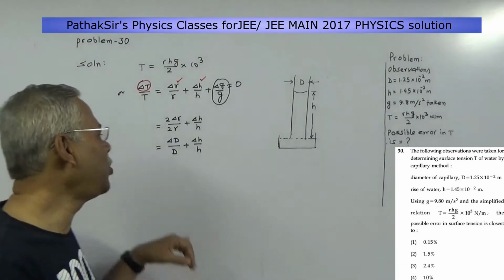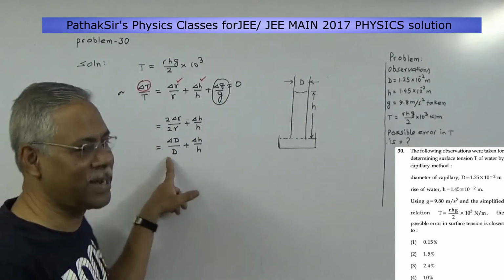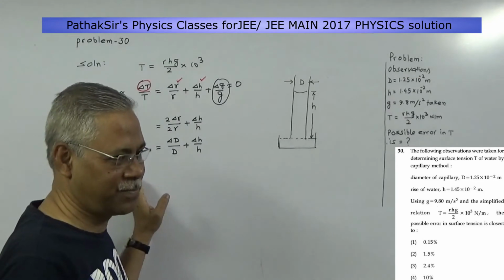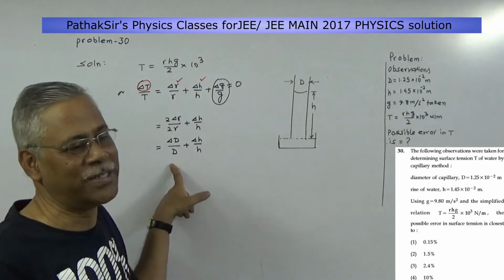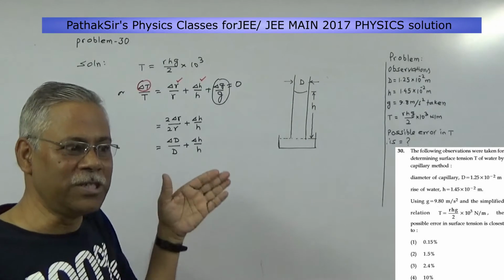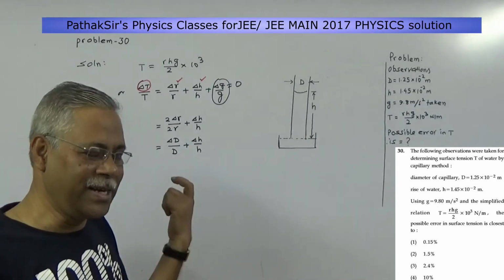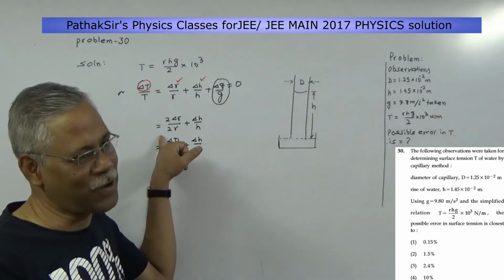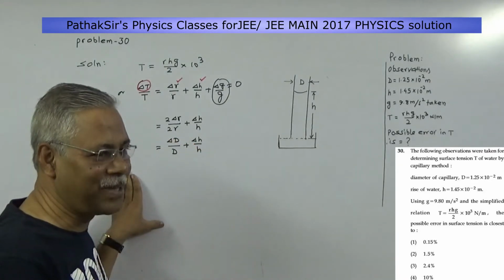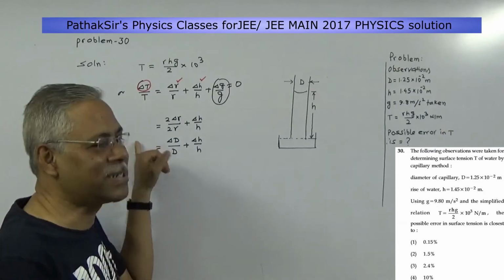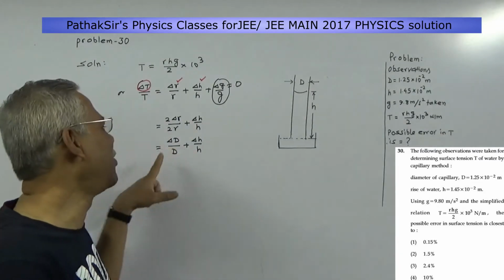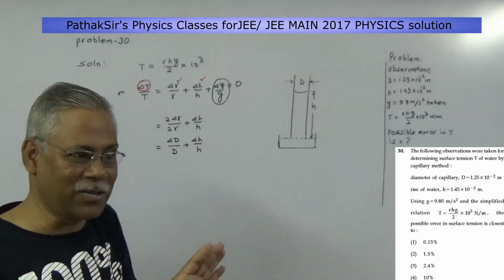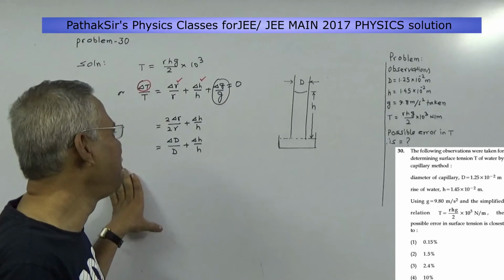Now in order to know the maximum error in diameter, you are supposed to know the instrument you have used to measure the diameter. If you have used a millimeter scale, then its least count is 1 millimeter and the maximum error in del D will be 1 millimeter. If you have taken a vernier scale, then least count is 0.1 millimeter. Accordingly, the maximum error in del D is equal to the least count, that will be 0.1 millimeter.